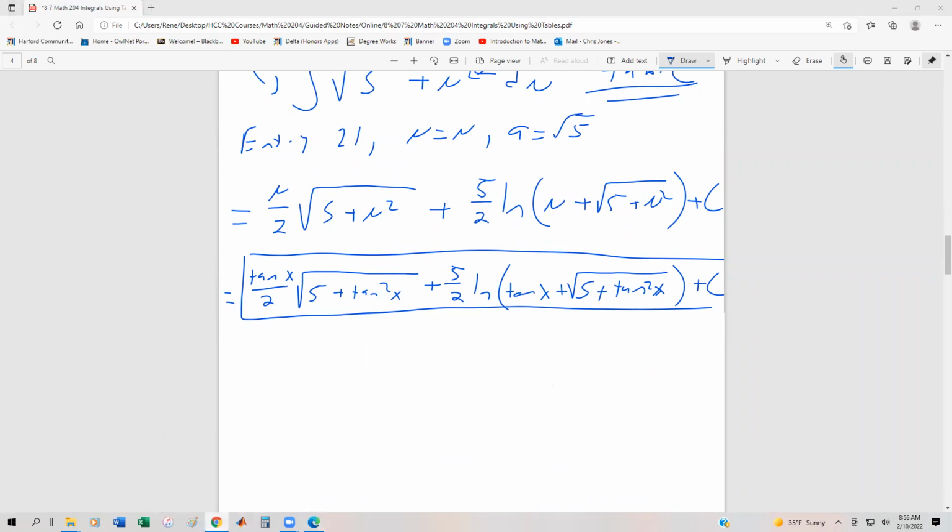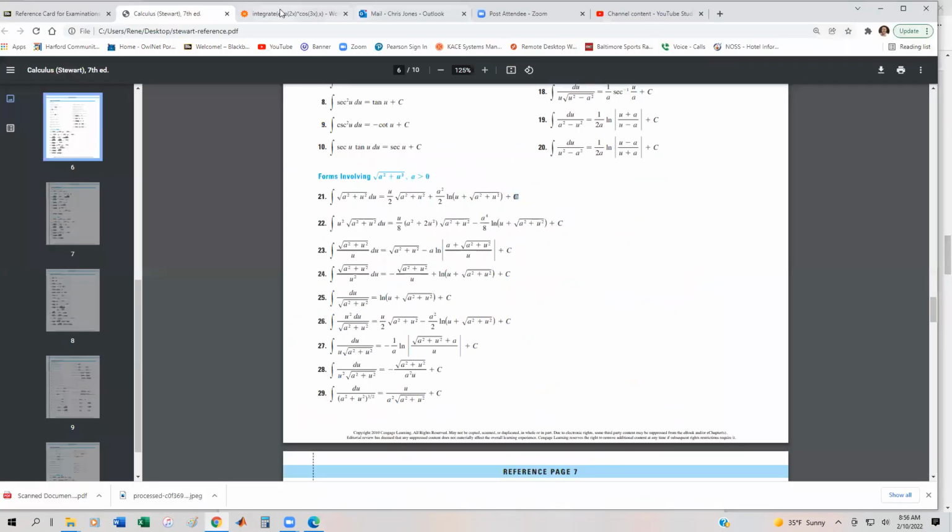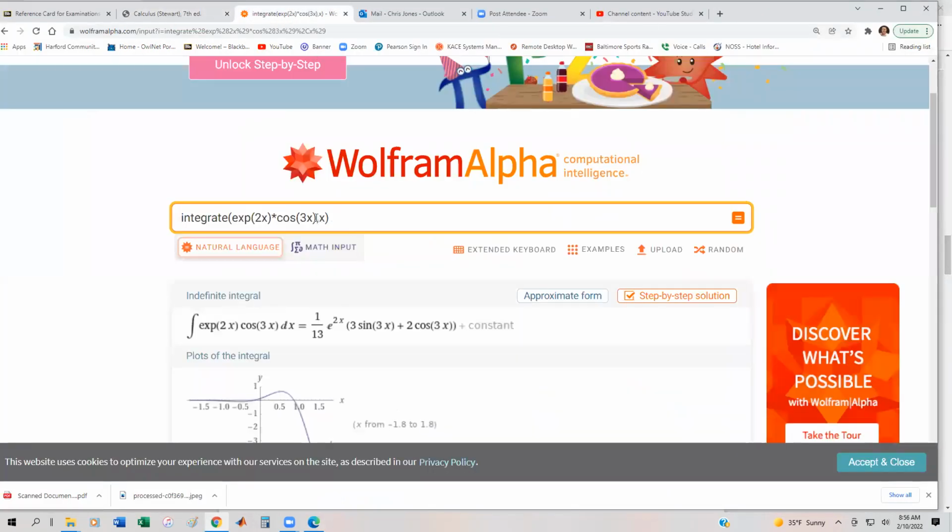All right, so let me go back. And now remember, our original integral was going to be the square root of 5 plus tan of x squared.